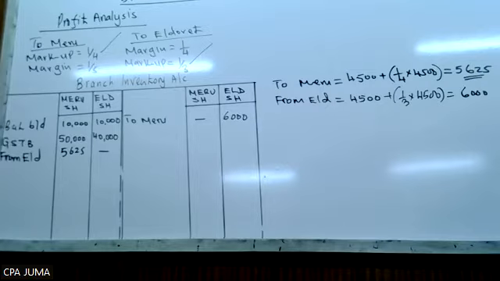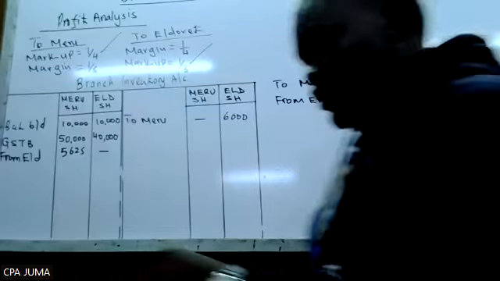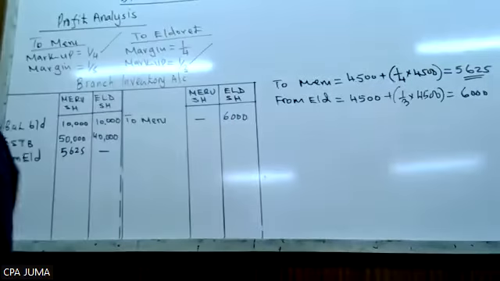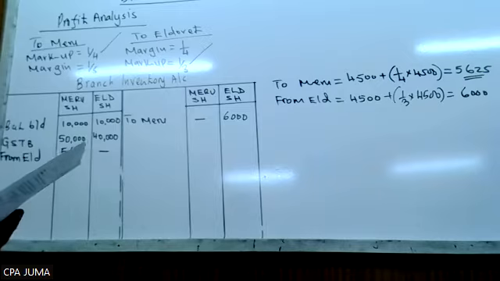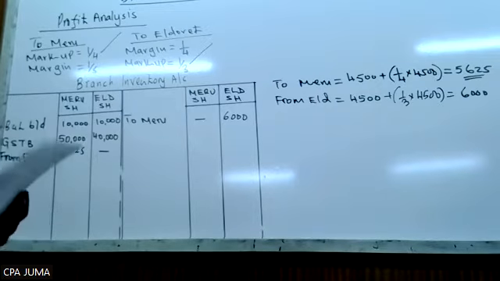I will proceed. We proceed. Proceeding means check number 2, cash no. Number 3, Meru branch returned goods worth, worth means at selling price, 3,000 to the head office.